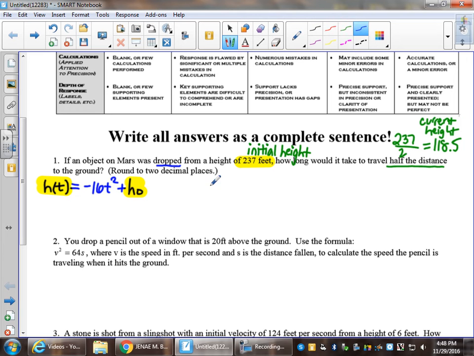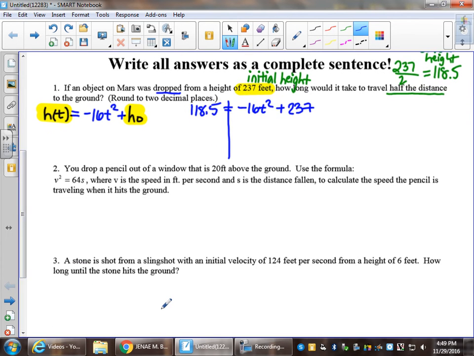So what we set up to solve is 118.5 equals negative 16 t squared plus 237, and you're ready to solve. We have no b term, so this is strictly solving by square roots.